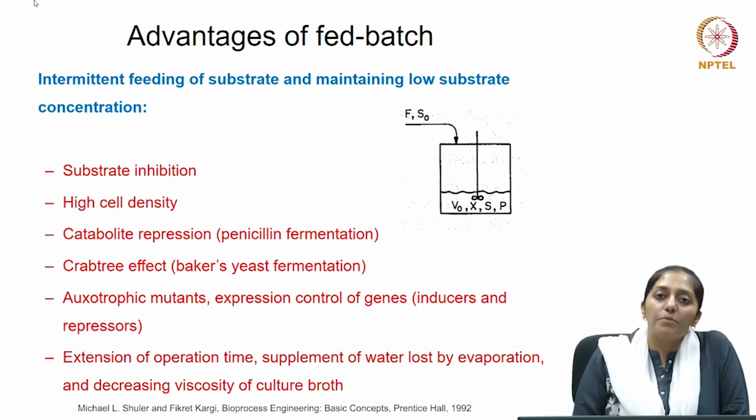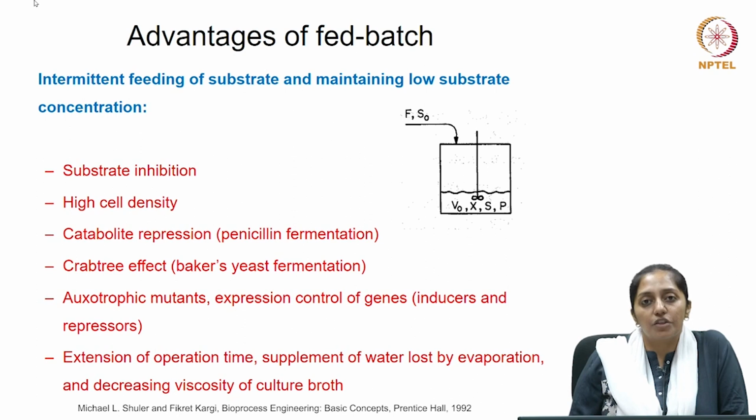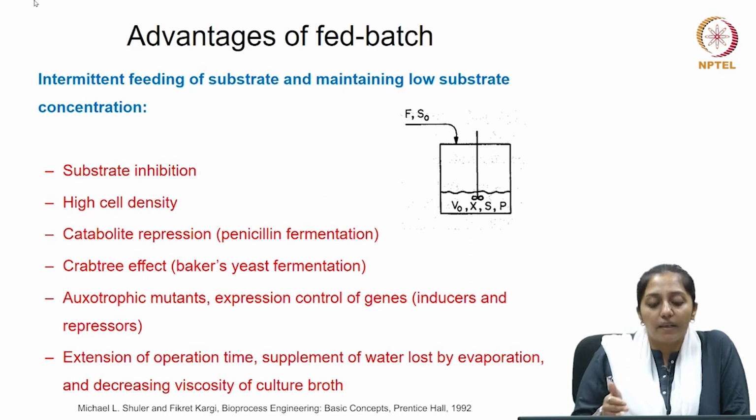So, a fed batch process can help in maintaining the glucose concentration inside the reactor at levels below which catabolite repression does not happen, beyond which catabolite repression starts happening. So, one can maintain that by manipulating the glucose feed rate inside the reactor.